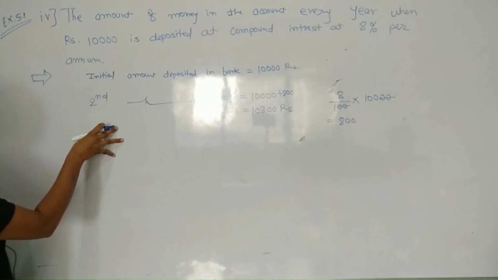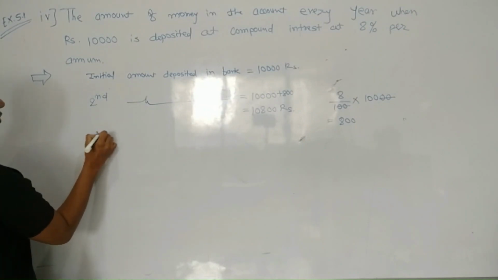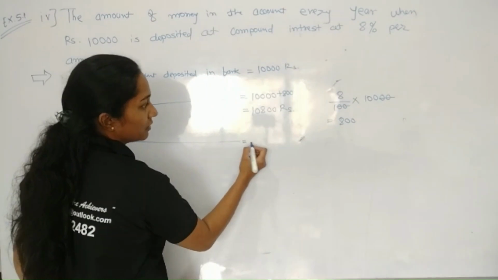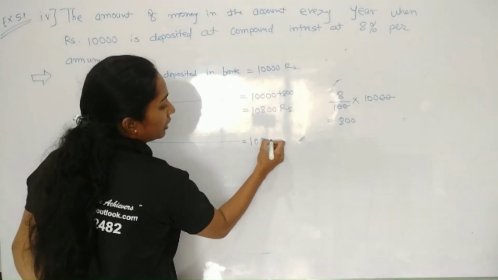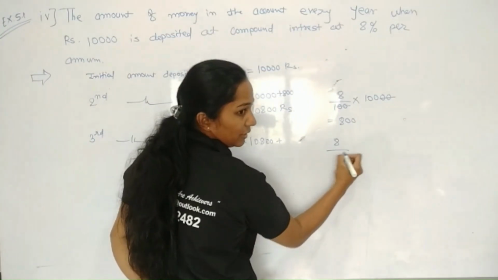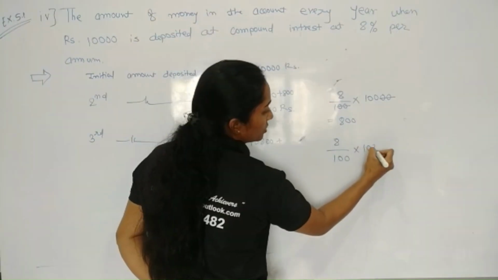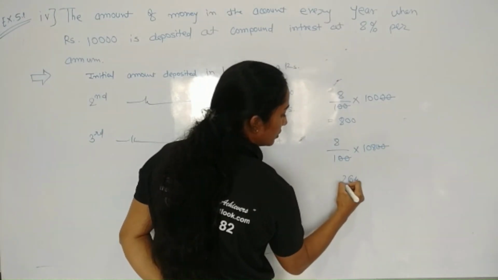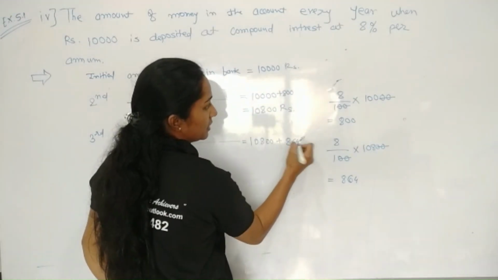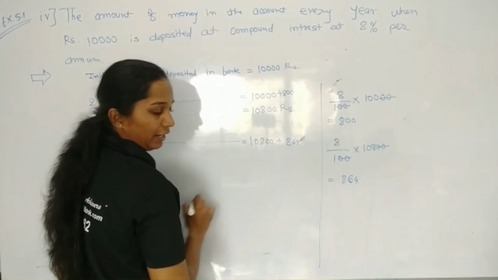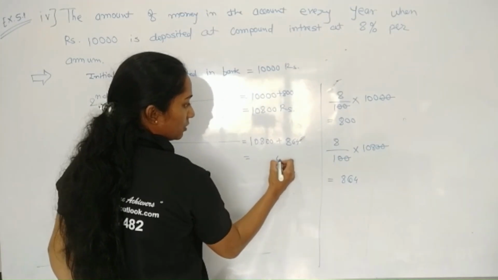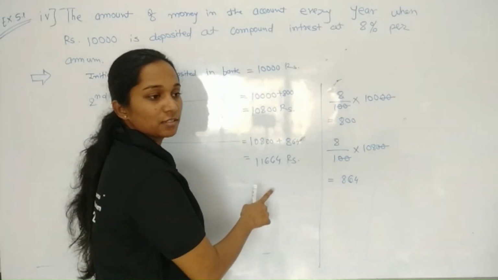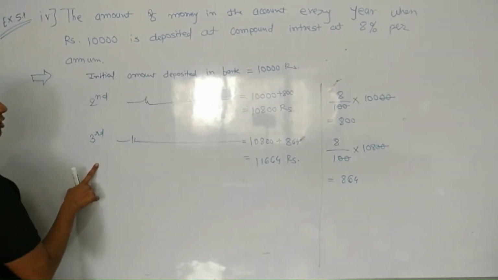For the third year, the amount is 10,800 plus 8% of 10,800. 8% of 10,800 is 864. So 11,664 is the amount for the third year.